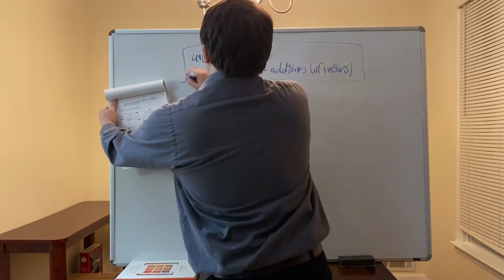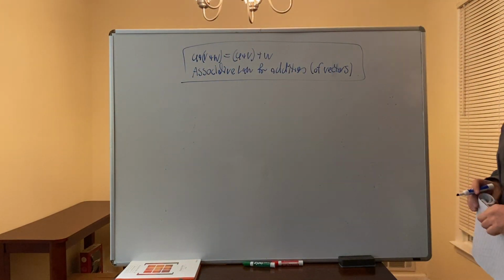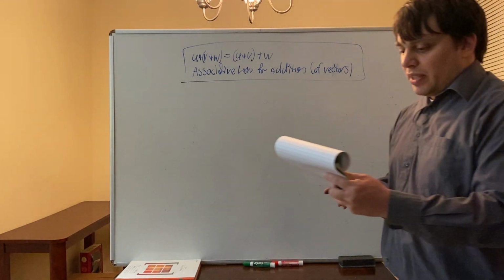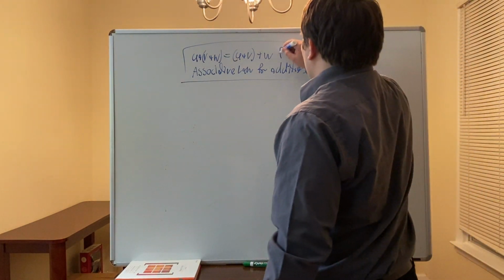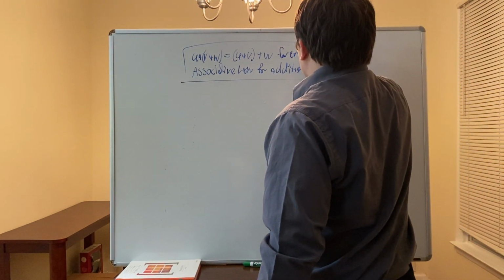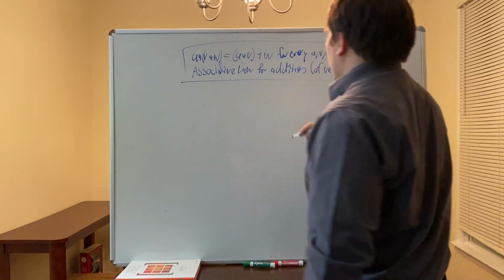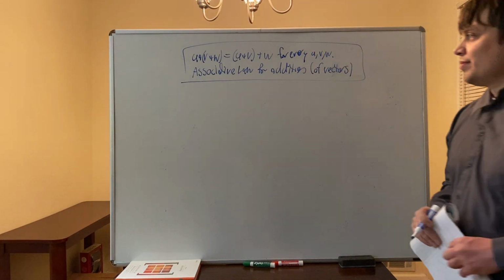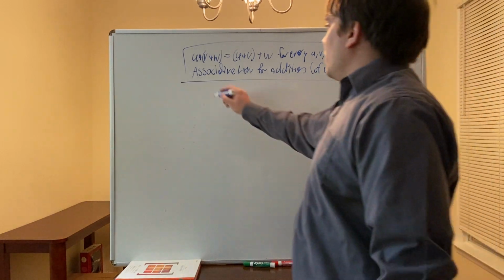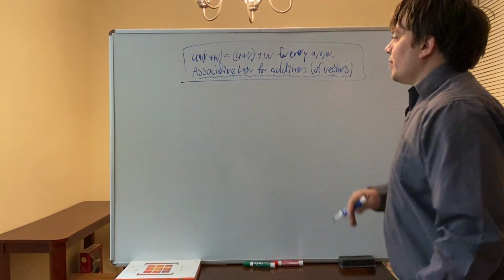Okay, so this is the associative law for addition of vectors: (u + v) + w equals u + (v + w). And this is for every u, v, and w, every vector u, v, and w.